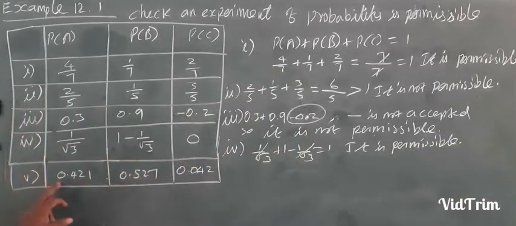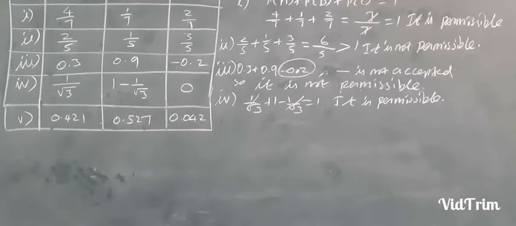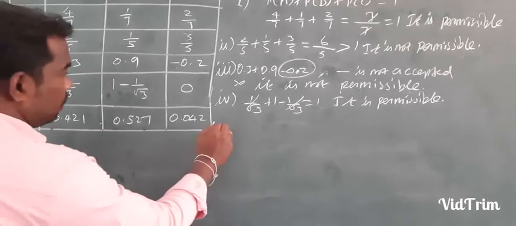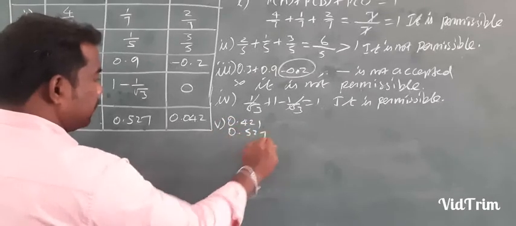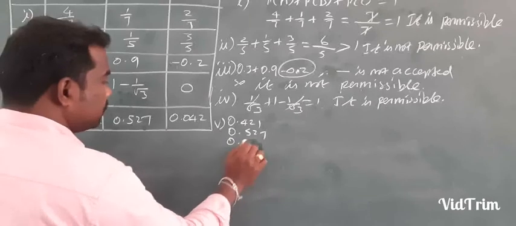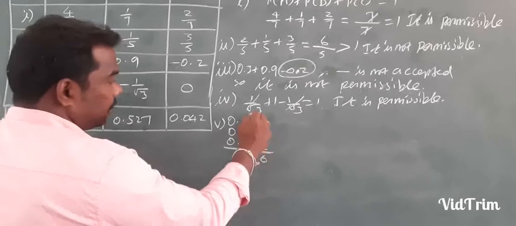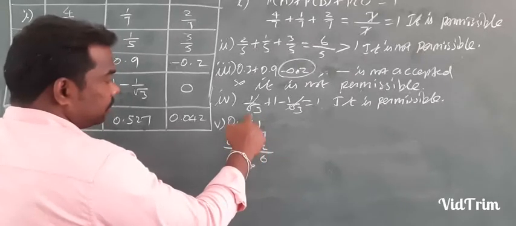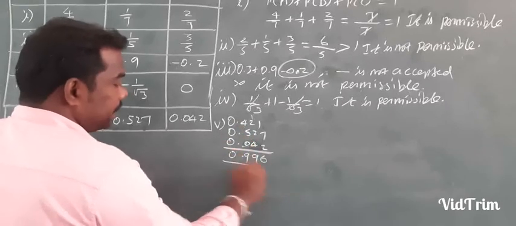Last one: 0.421, 0.527 and 0.042. We add the 3 values. 0.421 plus 0.527 plus 0.042 gives 0.990, which is not 1.